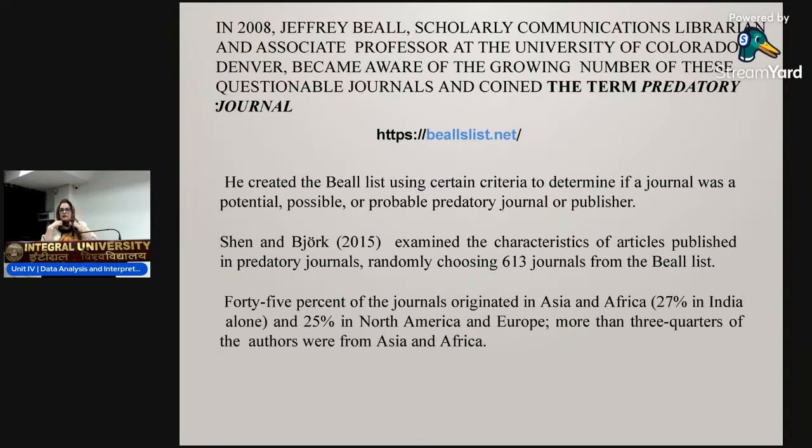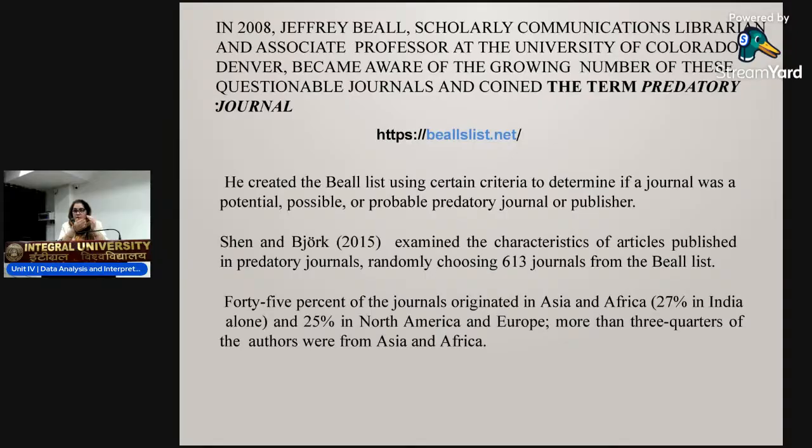So he was a librarian, a bit aware, and he used his mind well, because a librarian sees a lot of data, right? A library is a knowledge center. So he must have gone through so many new journals that might have come to him, and then he figured out that there is hyper proliferation of journals.